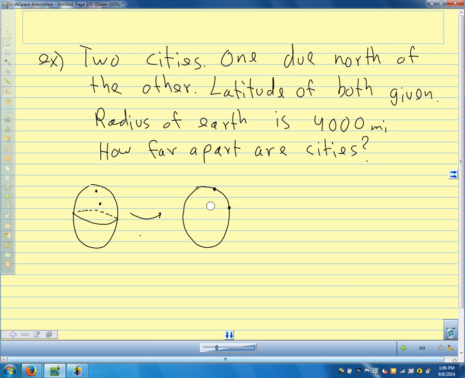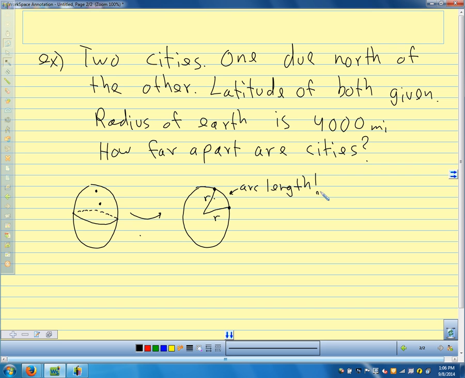Here's the radius of the Earth. Here's the radius of the Earth. So looking at that picture, what is the distance between the cities? What is it asking for? The arc length. This is the arc length. So this problem is an arc length problem.